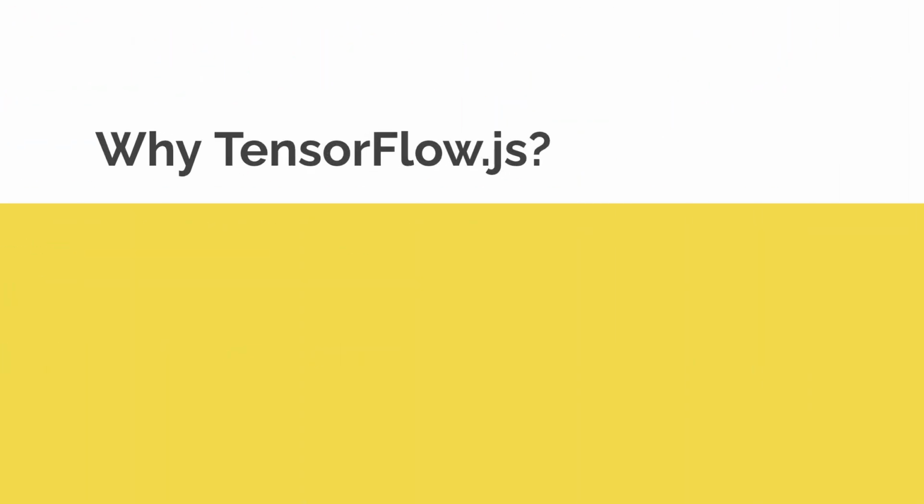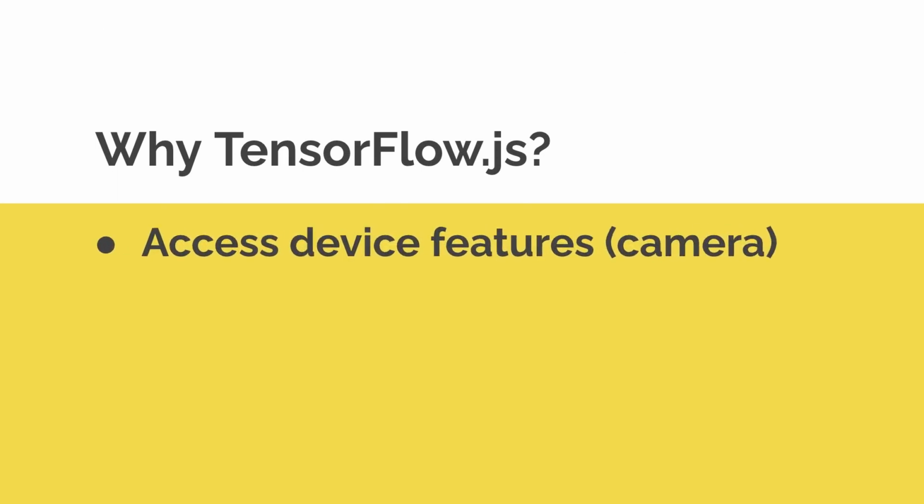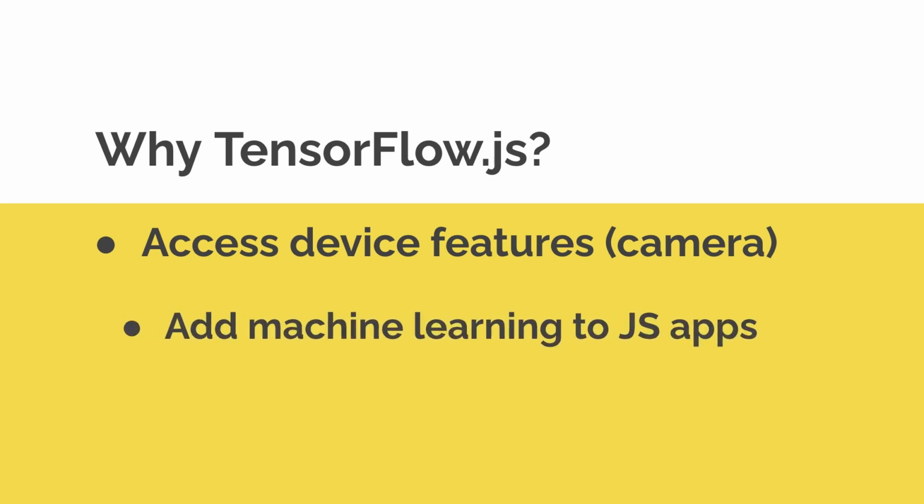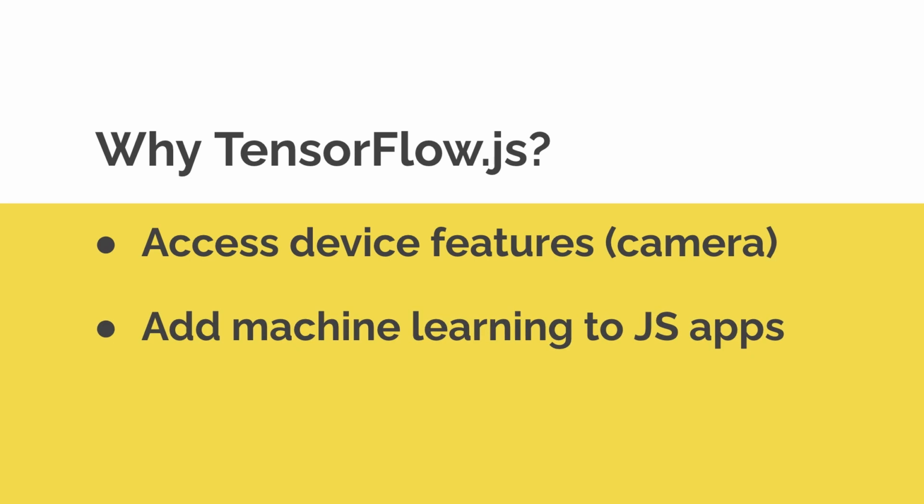Why do we use TensorFlow JS? Well, TensorFlow JS allows us to access device features like the camera, the microphone in our machine learning projects. That means we can make machine learning projects taking in data from a webcam, from a microphone. As well, TensorFlow JS allows us to add machine learning into JavaScript apps.